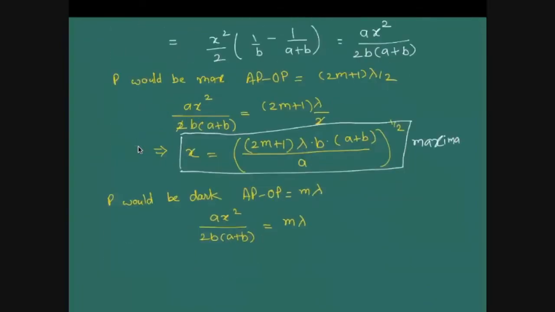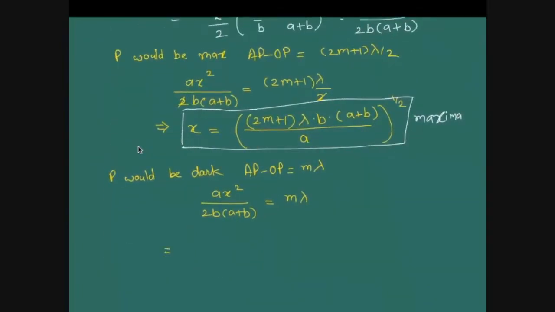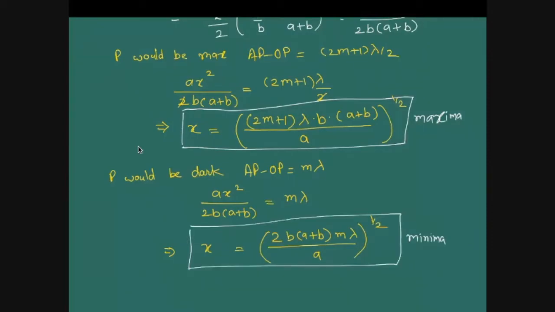Our aim is to bring the answer in the form of x. So x equals root of 2B A plus B m lambda divided by A, raised to 1 by 2.